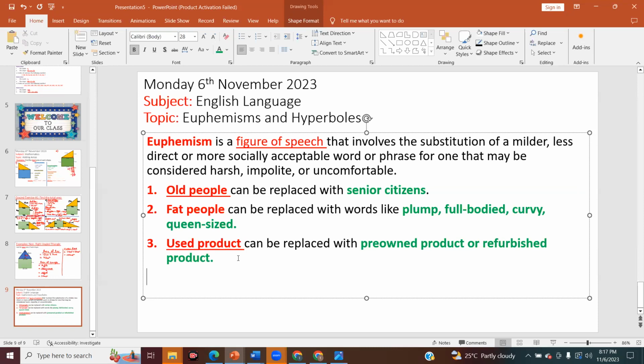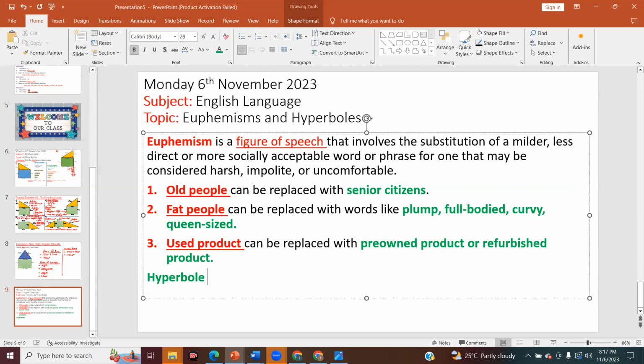So that's what we mean by euphemism. Euphemism is when you use a substitution of a more mild word instead of using something that is harsh. Now, hyperbole. What is hyperbole? Hyperbole is different. An exaggeration. Very good.